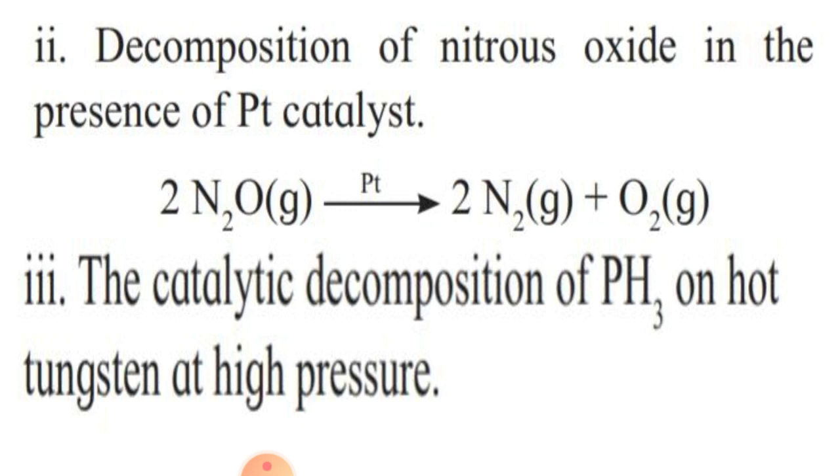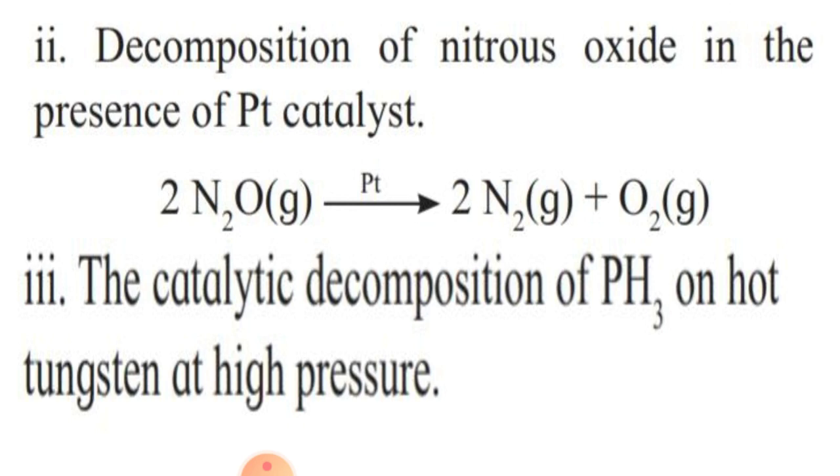We are using platinum catalyst to decompose nitrous oxide. Thus the rate of a reaction here was independent of the concentration of the reactant. It gets decomposed into nitrogen and oxygen gas in the presence of platinum catalyst. So this is an example of zero order reaction.